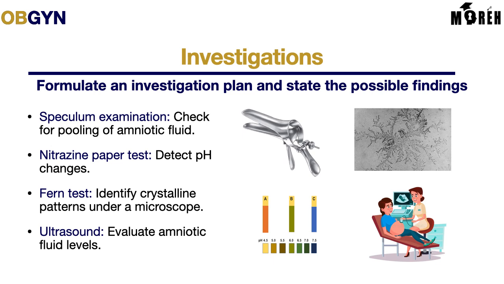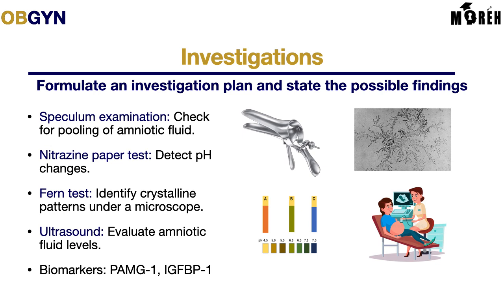Now, there are new ways of confirming by using biomarkers. One of the biomarkers that we use now is placental alpha microglobulin 1. This is a protein abundant in amniotic fluid and nearly absent in other bodily fluids.